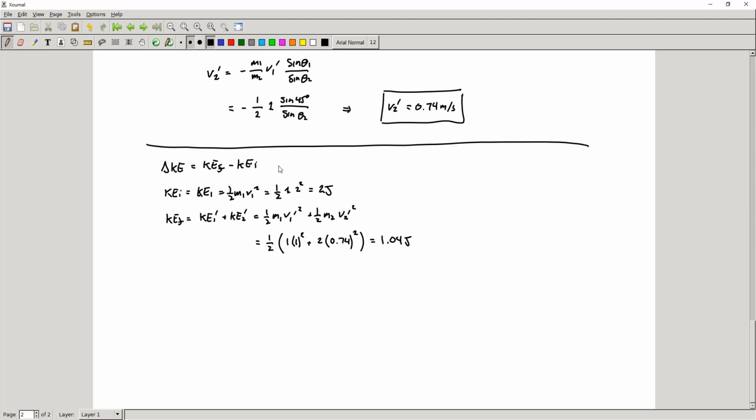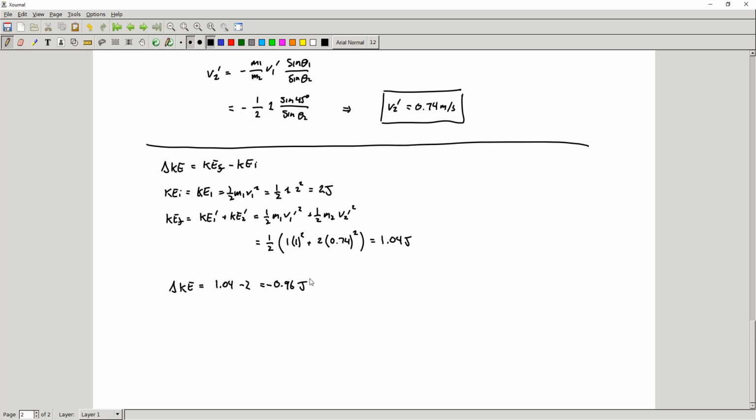And then going back to our original equation, we can substitute in for kinetic energy final and kinetic energy initial. So we have kinetic energy final is 1.04 minus our initial kinetic energy of 2 joules. This ends up giving us 0.96, or I should say negative 0.96 joules.